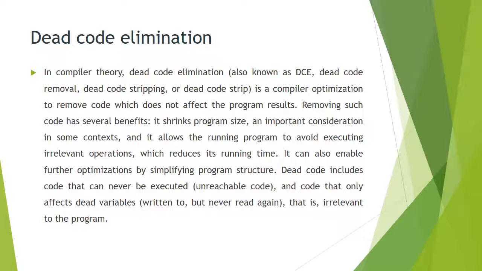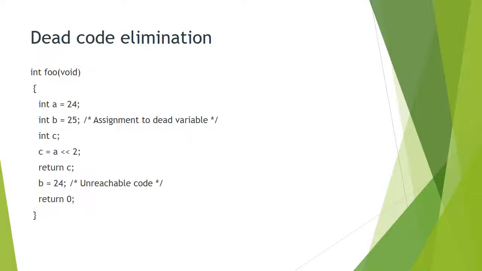Dead code includes code that can never be executed, called unreachable code, and code that only affects dead variables, written to but never read again, that is irrelevant to the program. So we can take the example of a foo function.